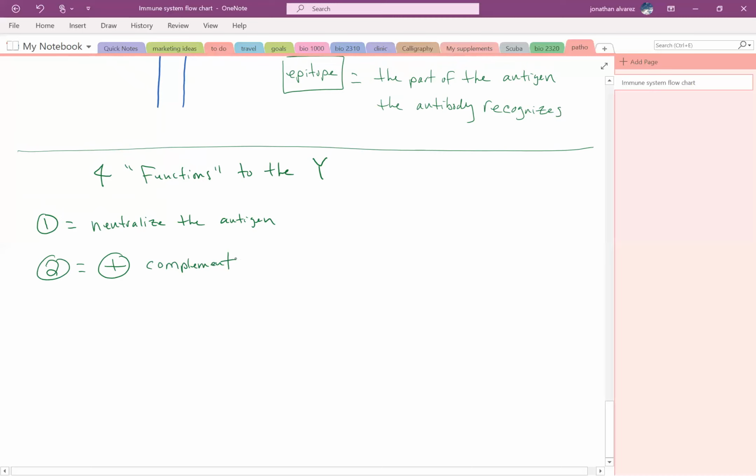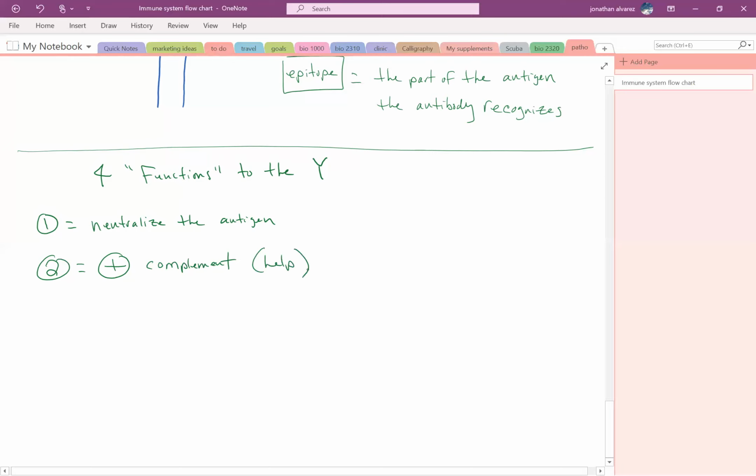In step two, one of their second functions, they activate complement. One way of looking at complement would be like asking for backup. Let's say you are fighting a perpetrator and clearly you're not winning, and so you get on the phone and call for backup, and all your friends show up to help you. That would be complement.